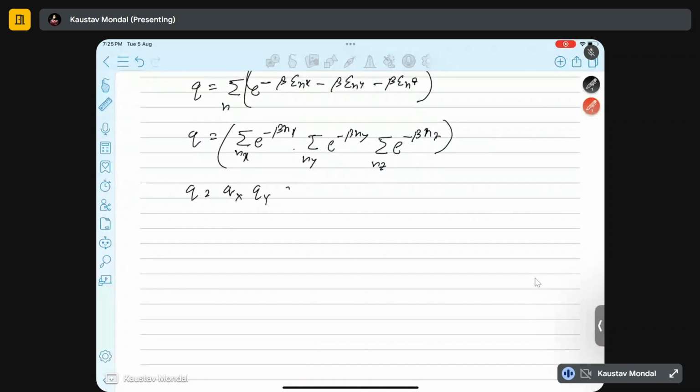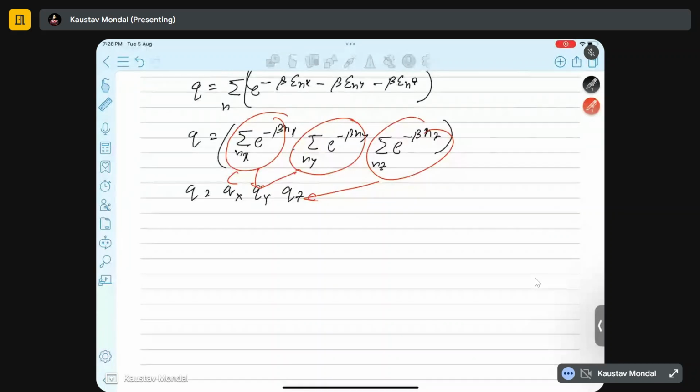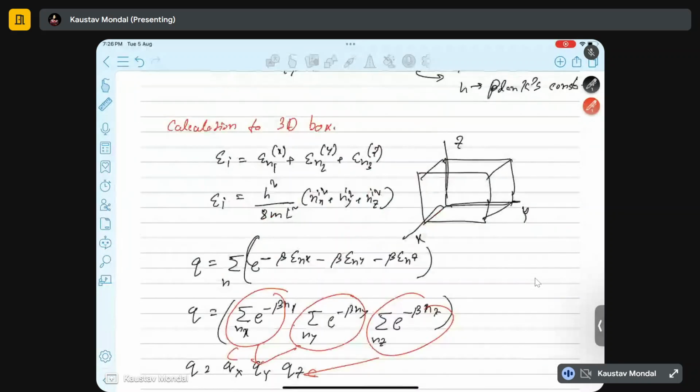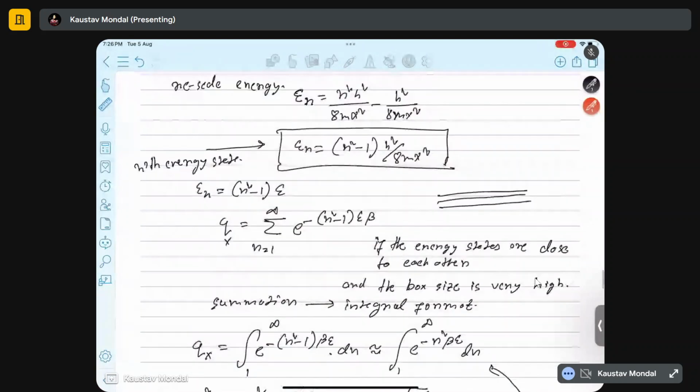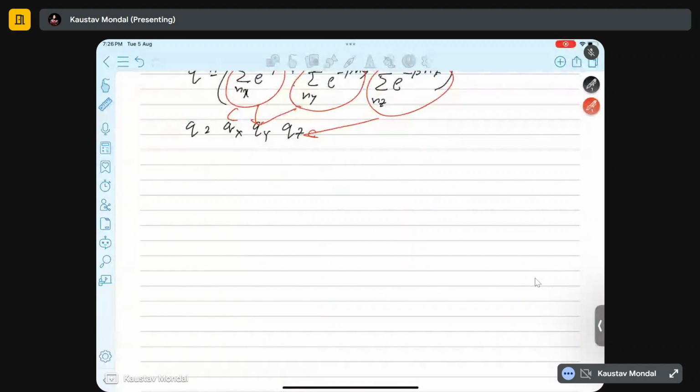This is Qx, this is Qy and Qz. The calculations of Qx, Qy, Qz will follow the previous methodology. If you follow the same methodology for Qy and Qz, Qx is 2 pi m over beta h square to the power half times x.